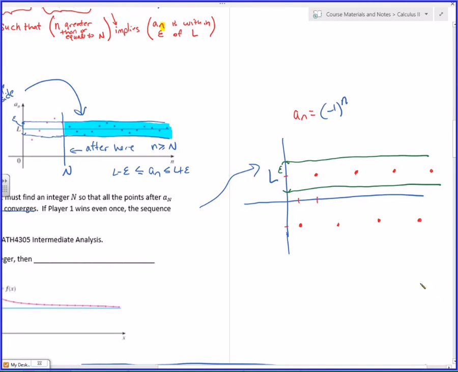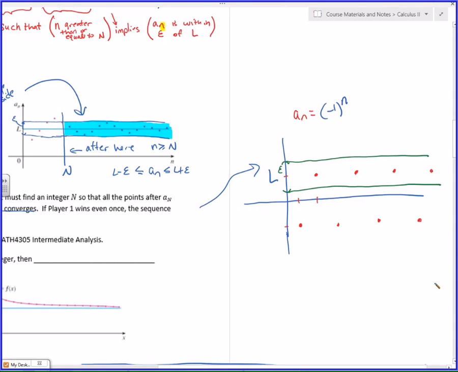Is there ever a place that I could go far enough out so that all the red dots end up inside here? The answer is no, because there's always going to be another red dot outside. So this one diverges because there's always a red dot outside for some epsilon. A big epsilon was okay, but player one chose an epsilon so that player two loses. If player two loses, then it's divergent.